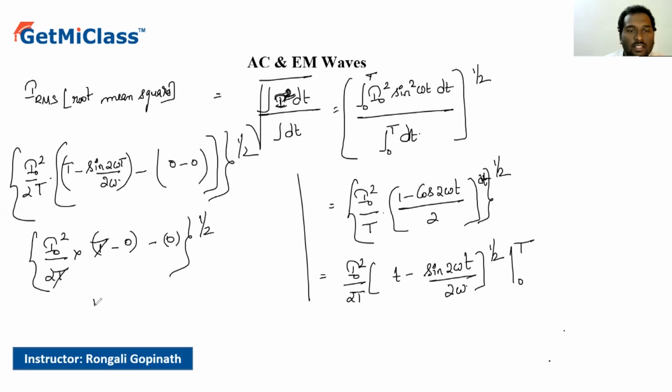T and T get cancelled. I RMS is I naught by root 2.